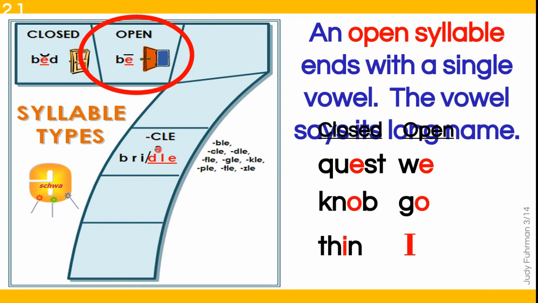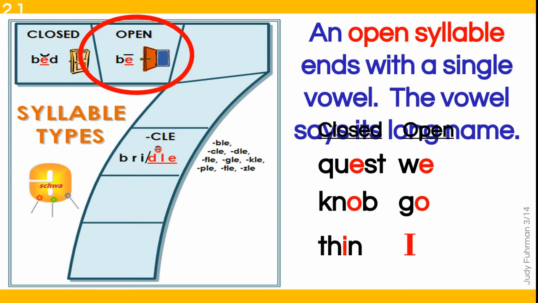Okay, you're only going to hear one vowel sound for that syllable, and it's good. And the vowel will say its long name. So, for example, if you have a long A, what's the long A sound? It'd be the A. So it's just like saying its long name.